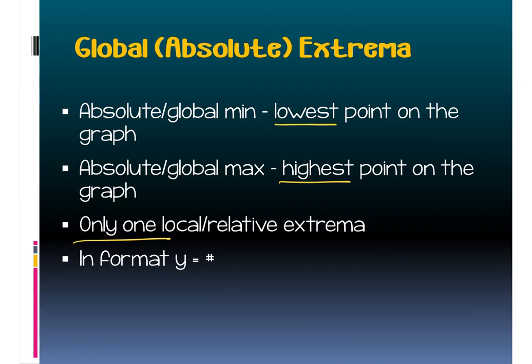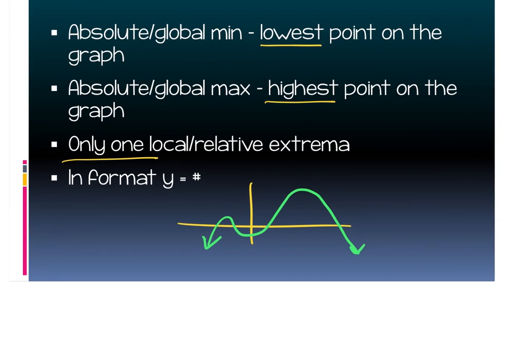On a relative max or min, we would give it in coordinate point form because it's going to happen multiple times. So you're going to give the x and the y, the x and the y. Whereas if it's global, and my graph looks like this, for example, this is the highest point on that graph.